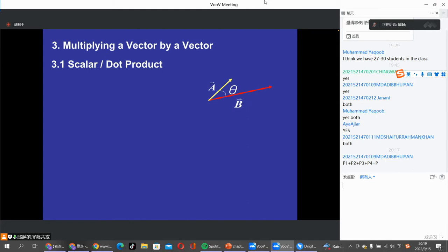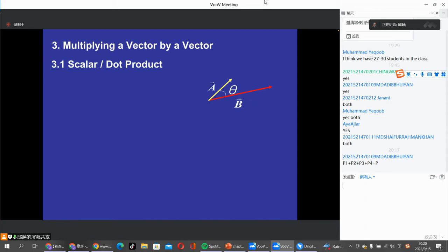Okay, after addition, we have multiplication. How to multiply a vector by a vector? This is a bit more difficult than addition. We call this multiplication the dot product.